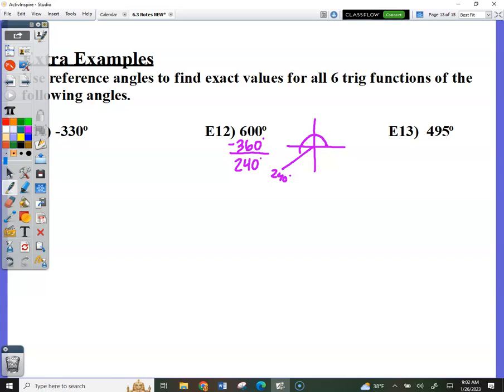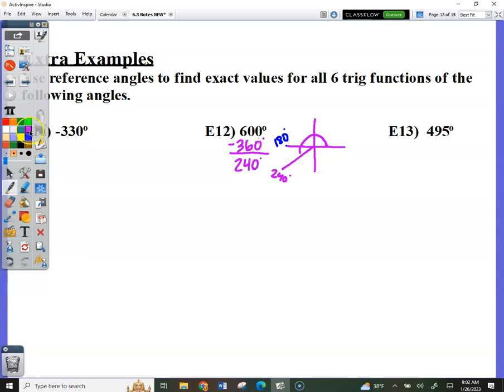Right? Now ask yourself, the nearest x-axis is here, and what's that angle measure? 180, right? So what's the gap from 240 up to 180? 60.